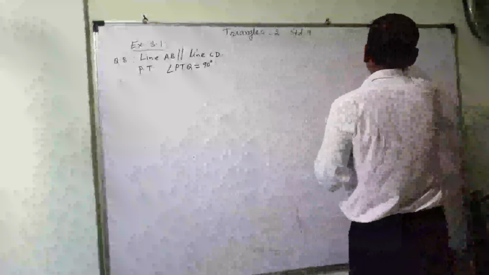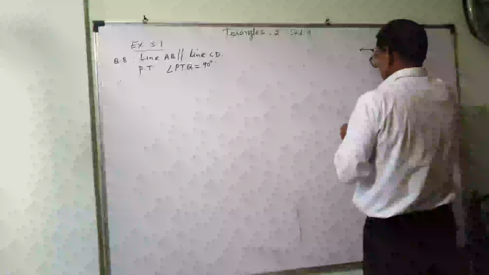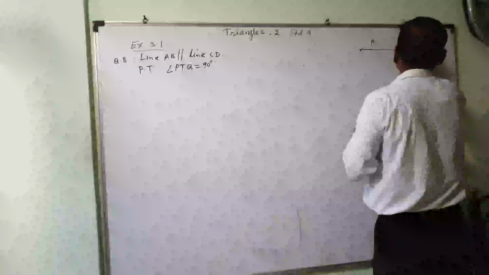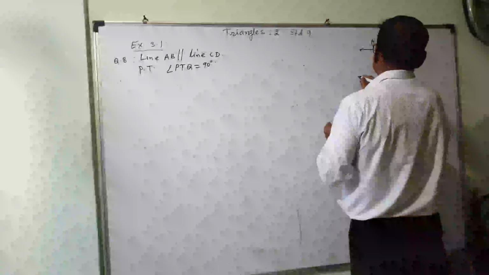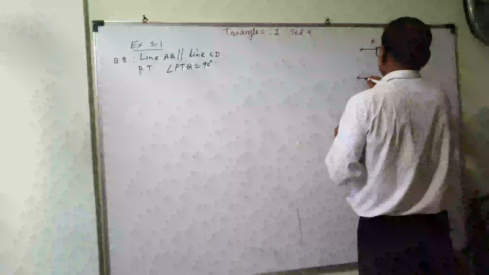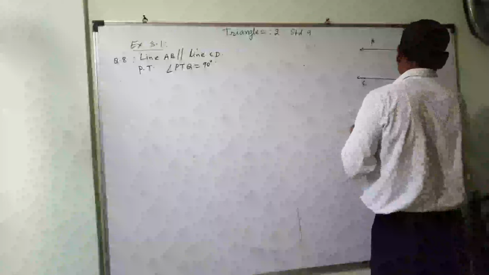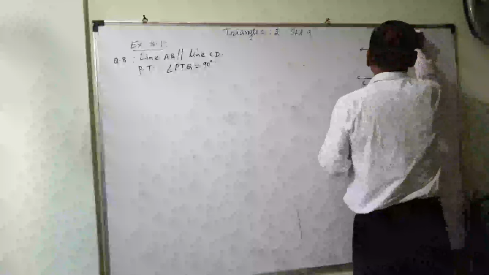So the figure I am going to draw here. This is line AB. This is another line CD parallel to it. And there is a transversal.